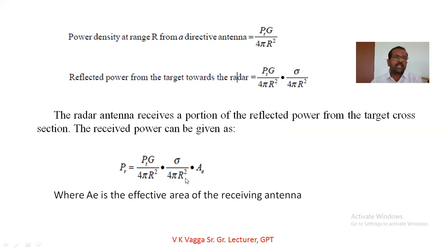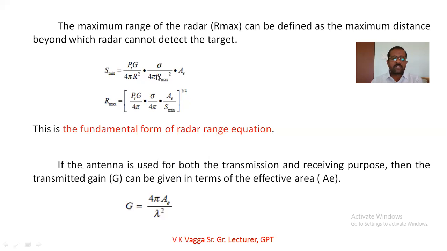It should be able to detect only within the range. So R itself is represented as R max. So S min is equal to PT into G divided by 4 pi R max square into sigma divided by 4 pi R max square into AE. R itself is changed to R max.